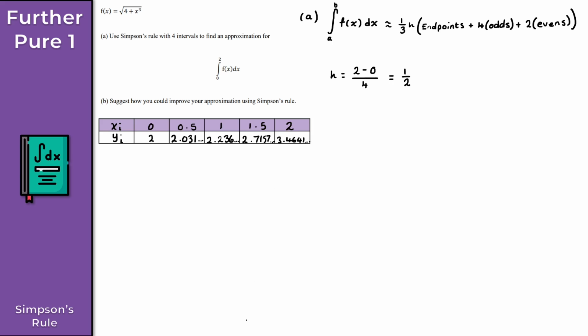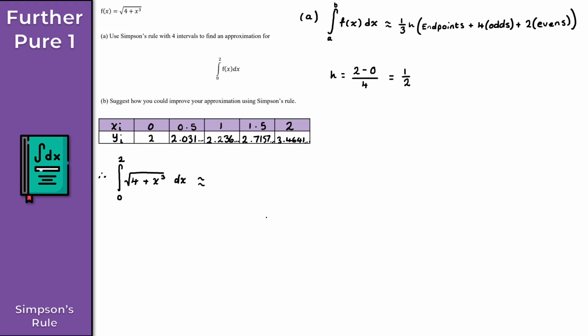Okay? So we've now got everything that we need to find an approximation for this integral. The integral of f of x with respect to x from 0 to 2, where f of x is the square root of 4 plus x cubed, will be approximately the following.